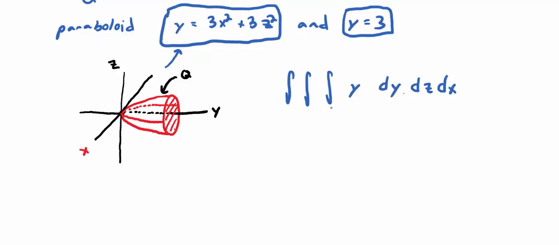So you always come up with the inner limits first. What would y range from? Thinking of y as a function of x and z, y would range, the way I've drawn it, from left to right.